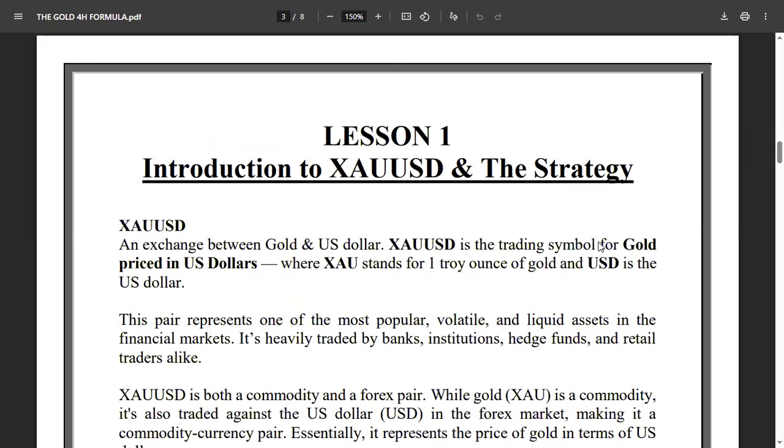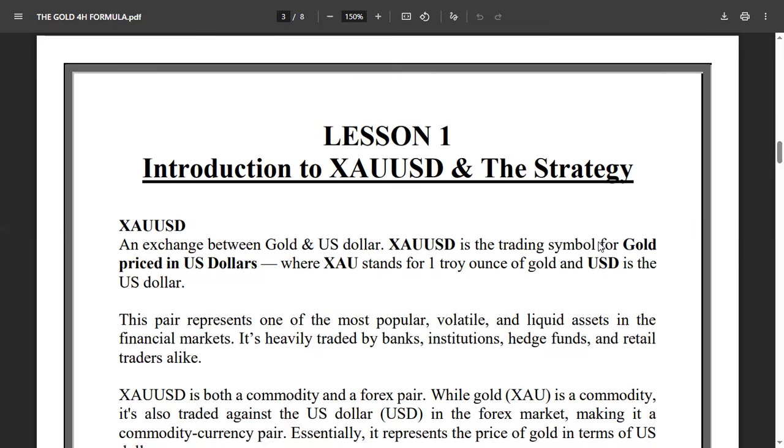Now, on the first topic, Lesson 1, Introduction to Gold. Now, I teach this because I cannot teach you how to make money on XAUUSD if I don't teach you what's behind the XAUUSD market; I'll be a bad teacher.